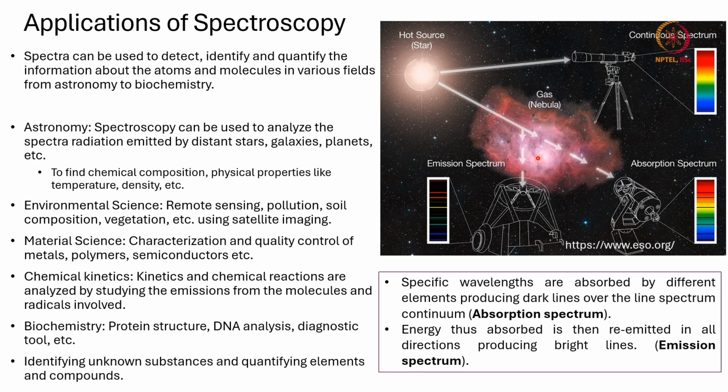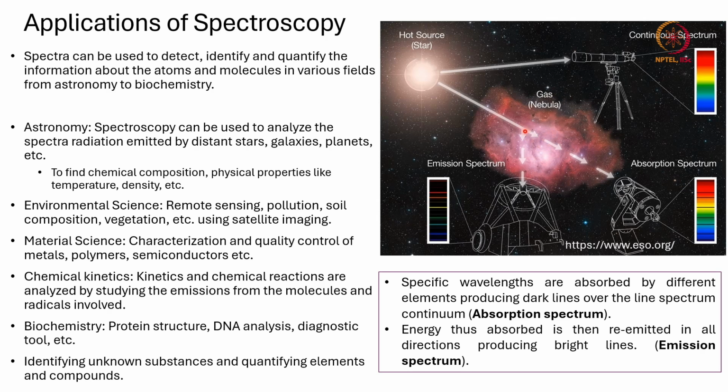If the light transmitted through this gas cloud is captured and its spectrum is obtained, it shows a continuous spectrum with black lines on it. These black lines correspond to the specific wavelengths corresponding to the energies which the gas has absorbed.